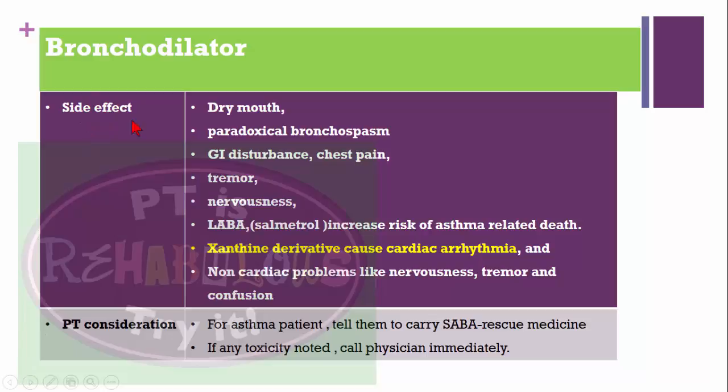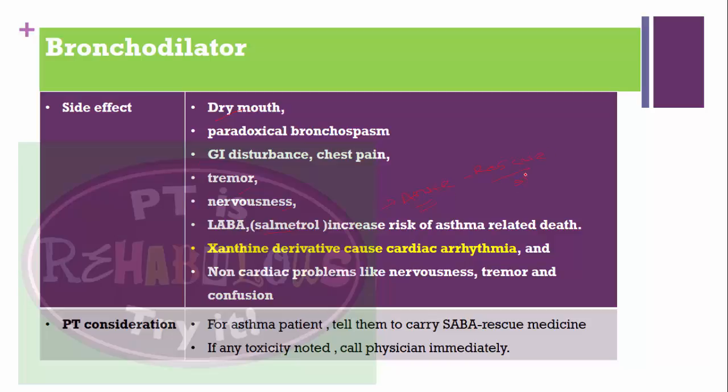The main side effects are dry mouth, paradoxical bronchospasm, nervousness and tremor. Long-acting beta-2 agonist agents like salmeterol increase the risk of asthma-related death. Why? Because when a patient is having an acute attack, at that time we need a rescue drug.